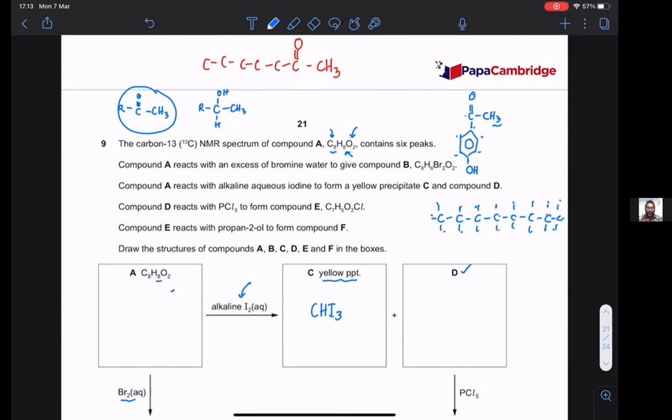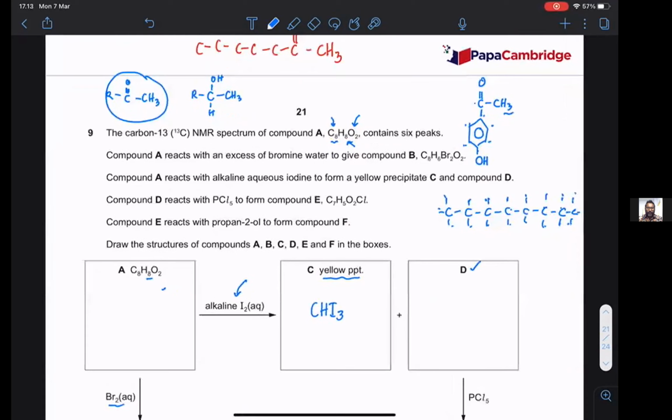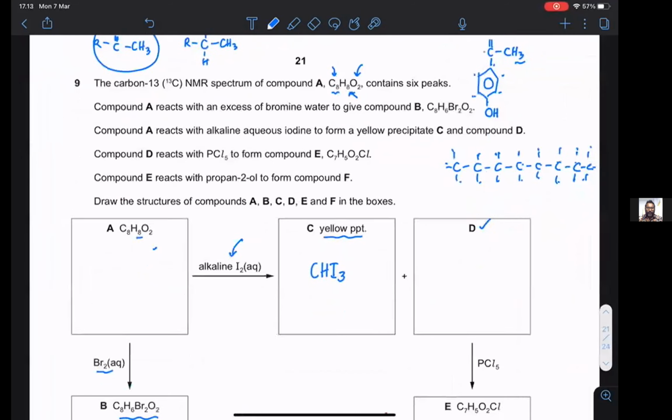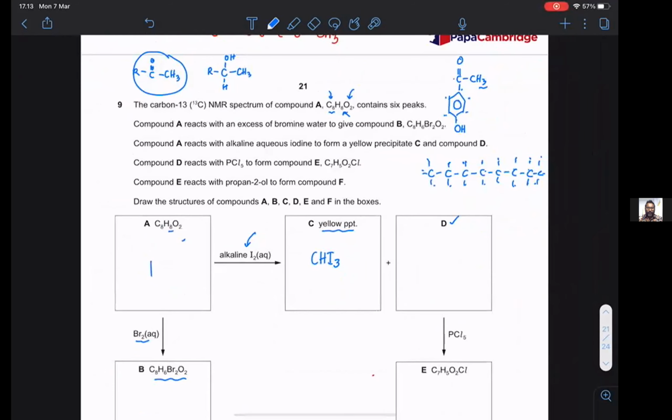Roughly, still not confirmed yet, we have a rough idea that it might be C double bond O CH3 and then OH over here. Let me erase this part also. So I roughly have the idea that it can be like this.